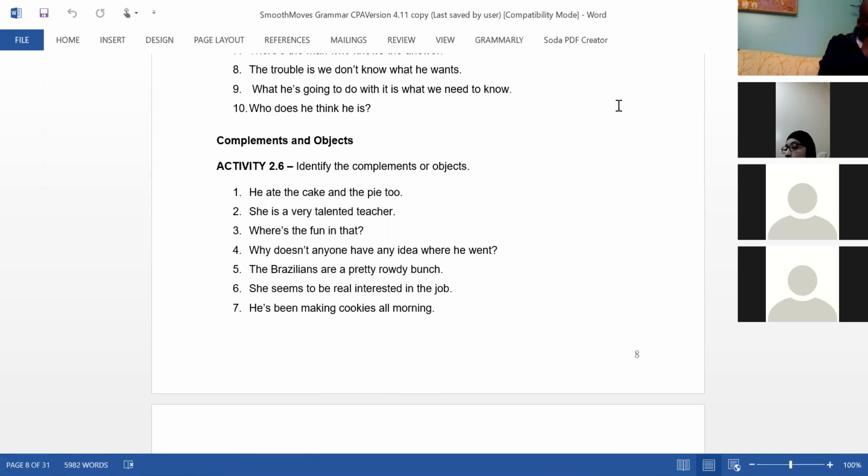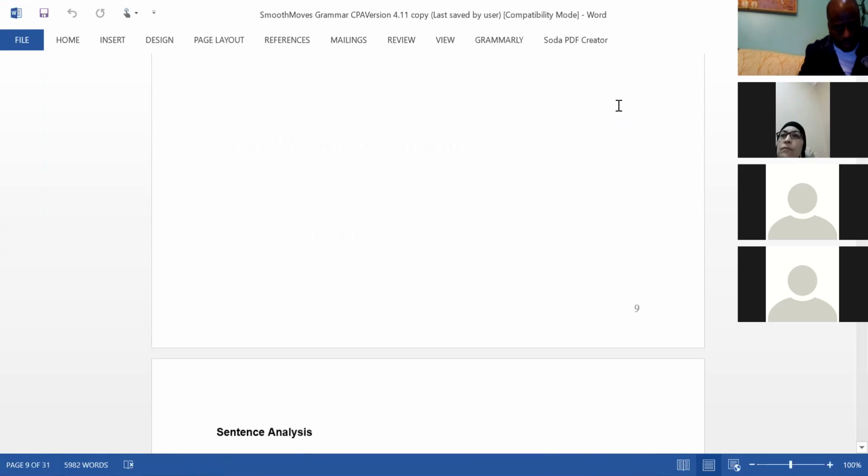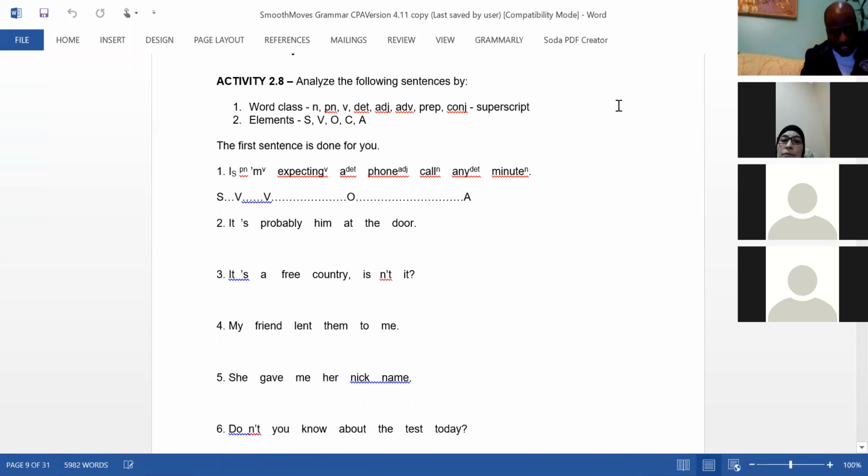Sentence analysis. Activity 2.7. Analyze the following sentences by word class: noun, pronoun, verb, determiner, adjective, adverb, preposition, conjunction.